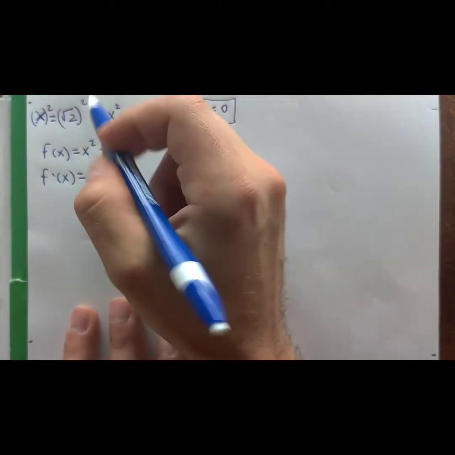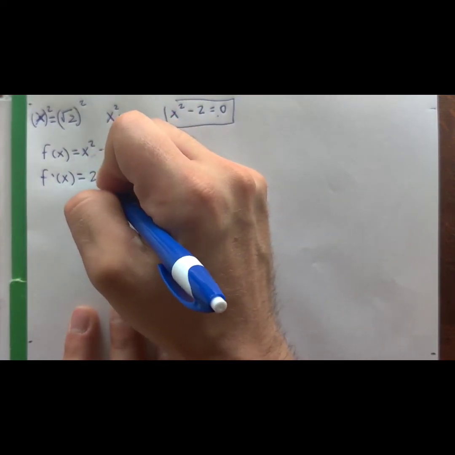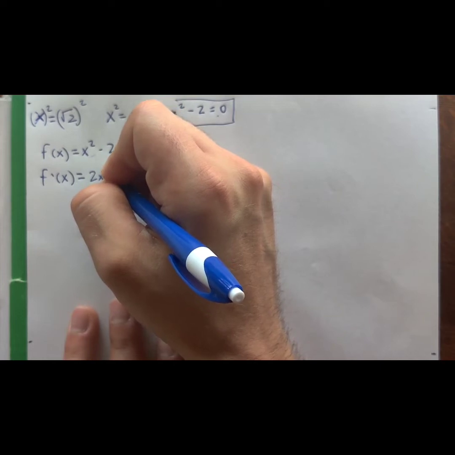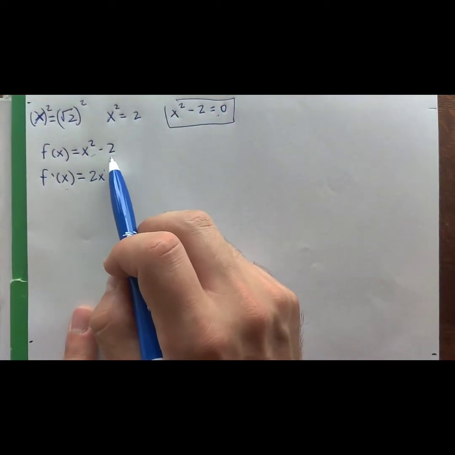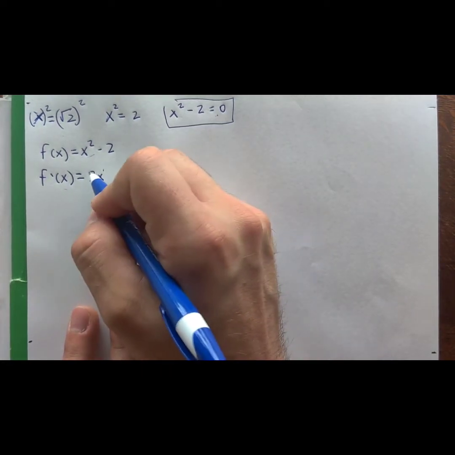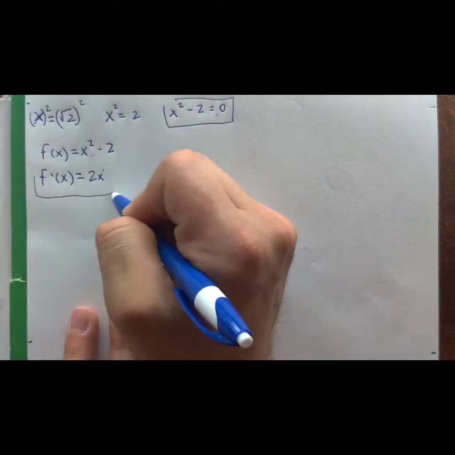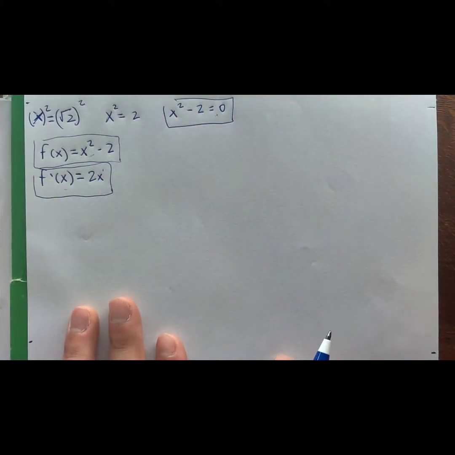Using our quick rules, we know we can bring down the exponent. 2 minus 1 is just 1, so there's an invisible 1 right there. And then the derivative of a constant is just going to cancel out. So this right here is going to be the derivative, and this right here is our initial function. And then we'll take a guess.